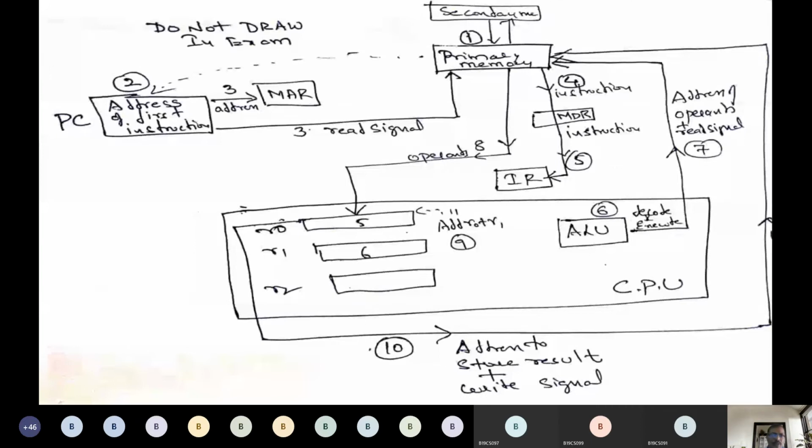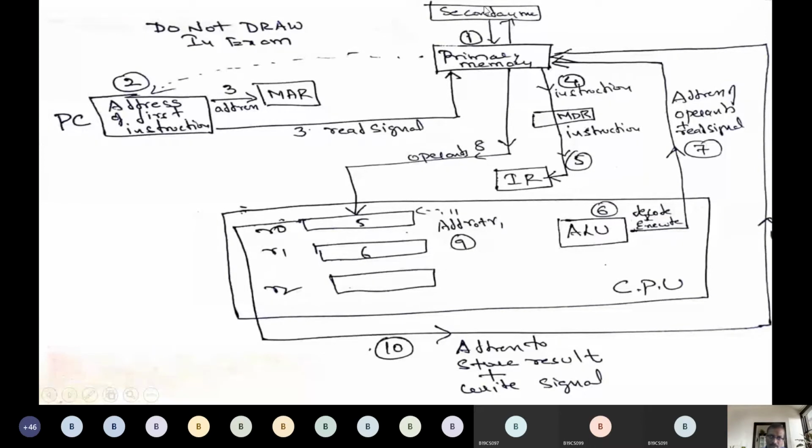This is the diagram I am talking about, which shows how instruction by instruction is fetched from memory. Assume this is the memory part. Secondary memory and primary memory together I am calling memory. From the memory, data is fetched instruction by instruction. For example, there is an add.c program in secondary memory, that is, a program for addition of two numbers.